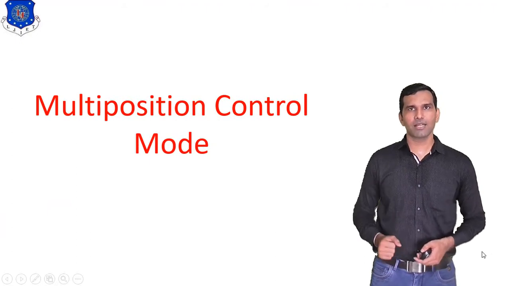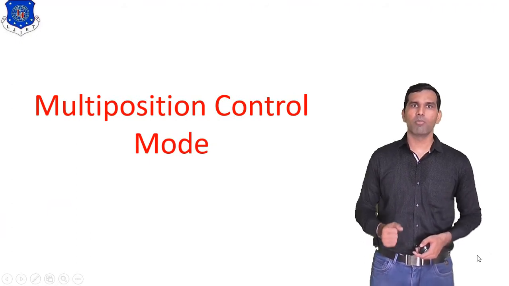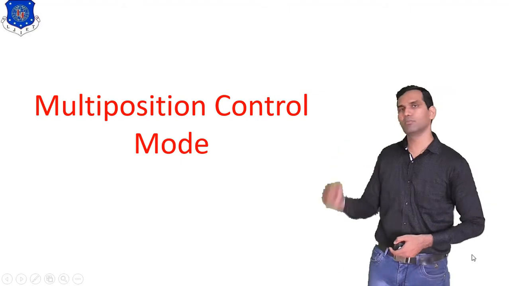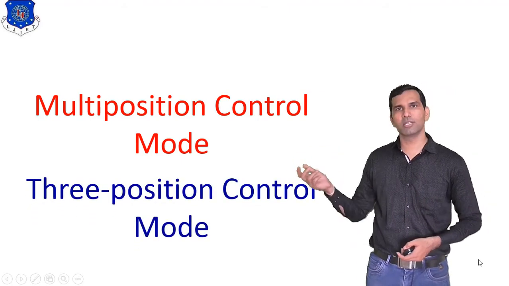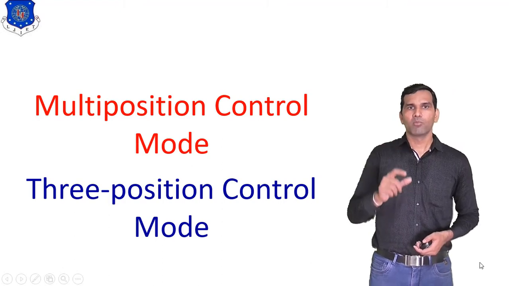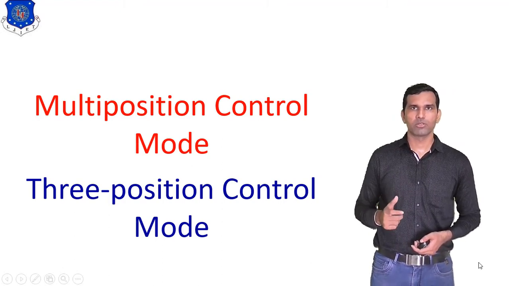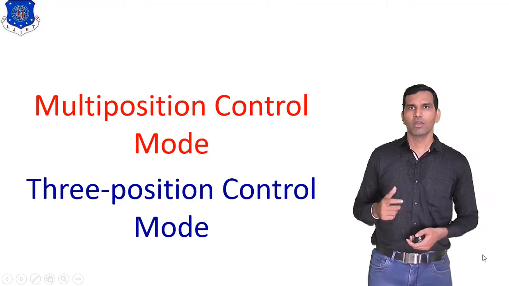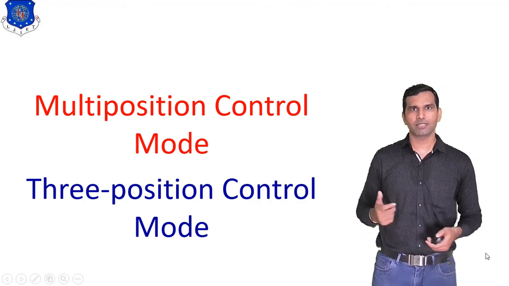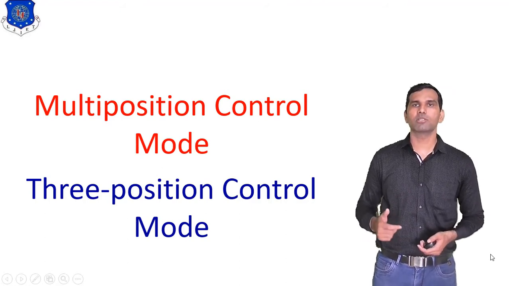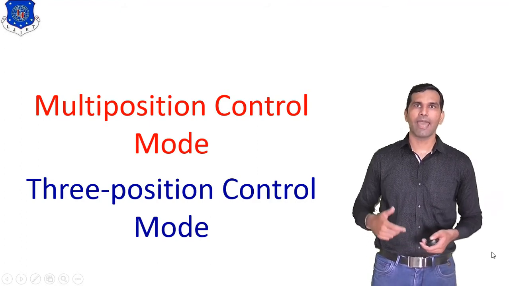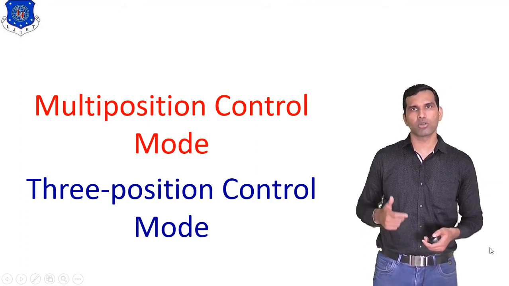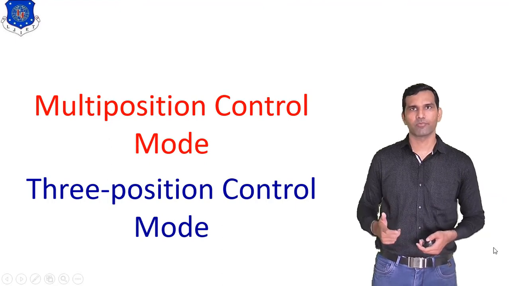So in this lecture we discussed the multi-position control mode and the 3-position control mode. This is an example of multi-position control mode. In the GTU, this is a most important question: explain the multi-position control mode, or sometimes it also asks to explain the 3-position control mode, for 7 marks.